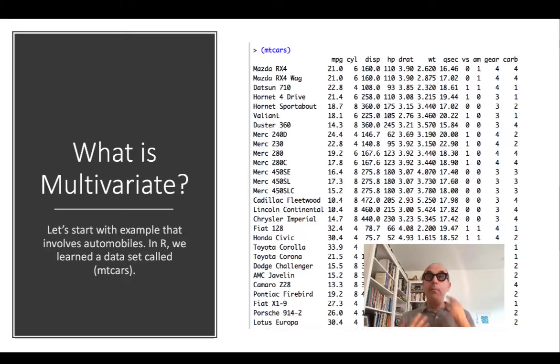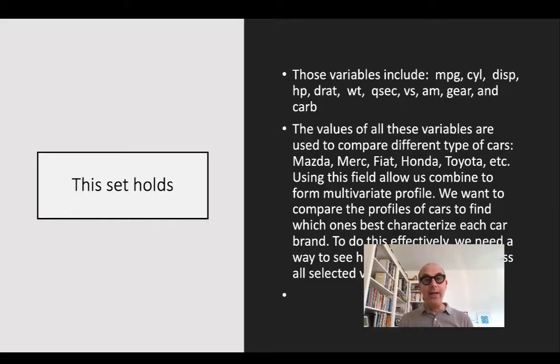One of the most popular datasets in R is called mtcars. It is a list of cars, with the mileage, the horsepower, and all those systems that play a part in those cars, and they rank it accordingly. So those variables are essential.